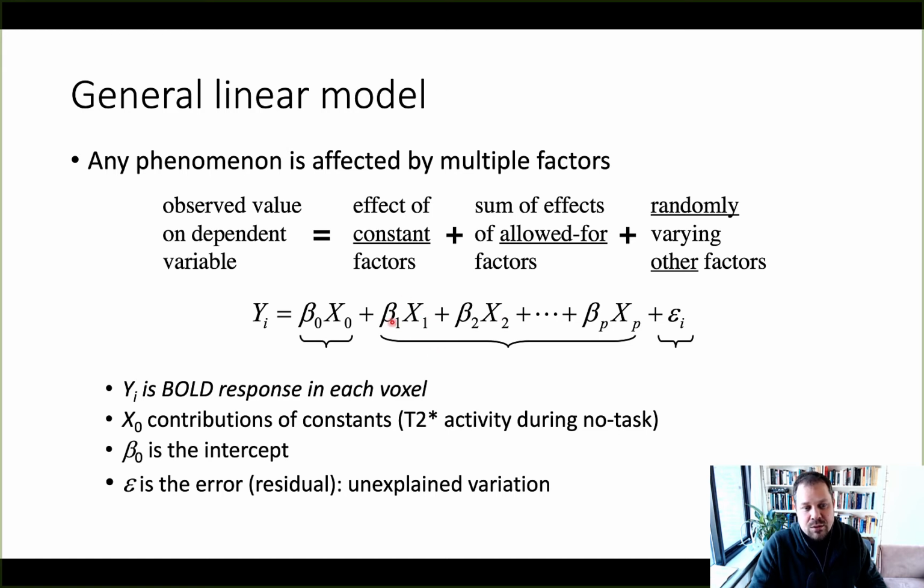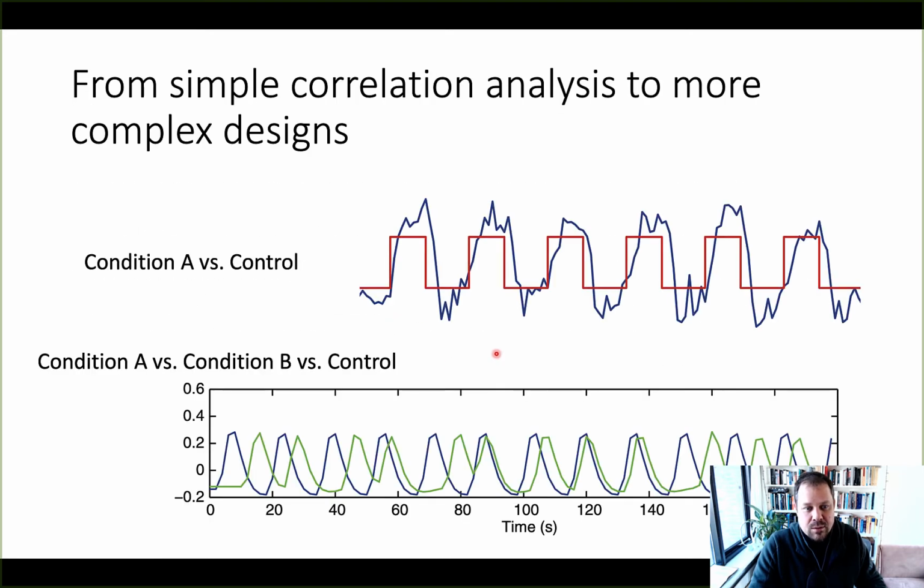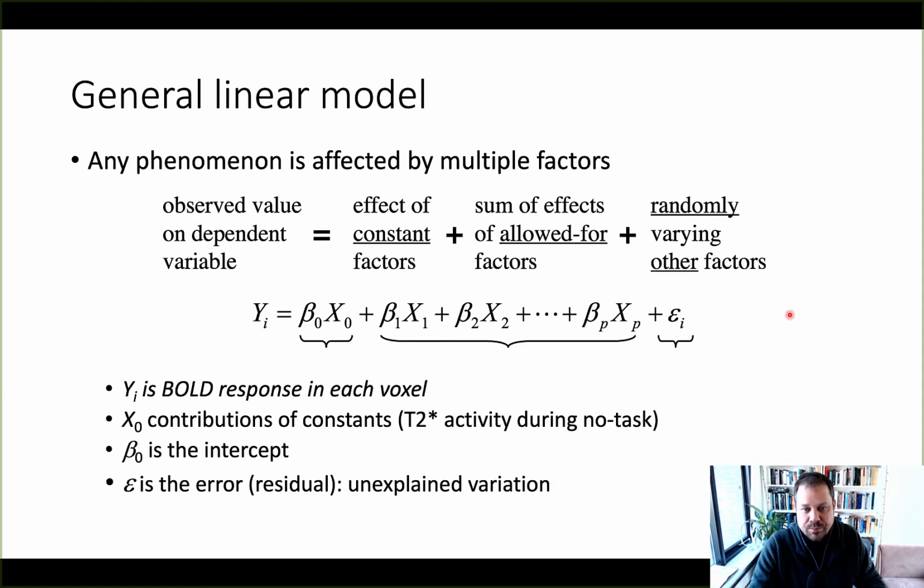So let's say when condition A was on versus off, so when participants were performing a particular task. That is what is illustrated here, for instance, right? So this is one regressor, one of these x variables, let's say x sub 1, where in condition 1 participants are performing a certain task at specific time points, so we have these time series here.